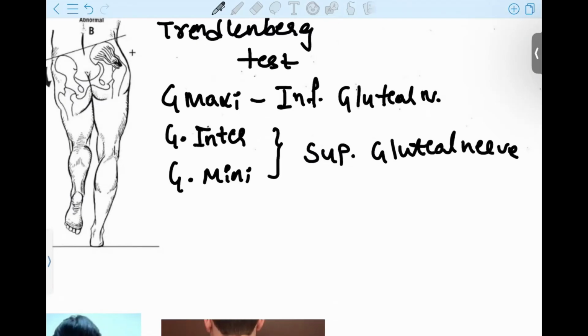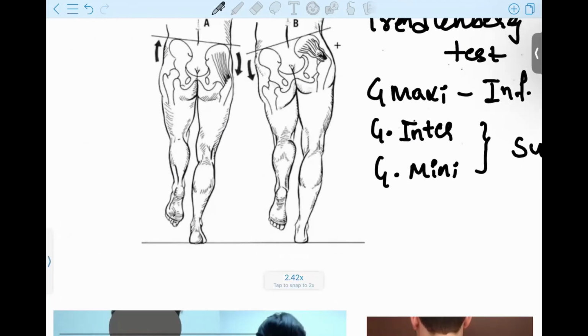So in case the patient has superior gluteal nerve palsy, what happens when you ask the patient to stand on one leg only? Usually in a normal patient, when you ask the patient to stand on one leg, the hip on the lifted side goes upwards. So there is no sagging. This is due to the stability provided by the superior gluteal nerve.